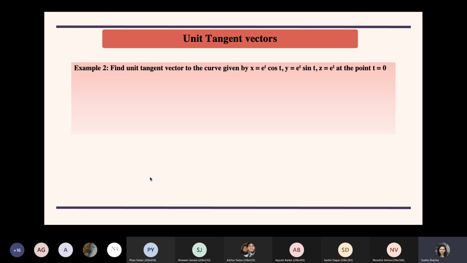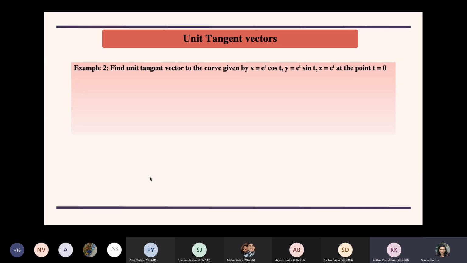Keshav, have you done it? Yes, ma'am, present. Okay, so what is the dr by dt in this case, for the unit tangent vector?